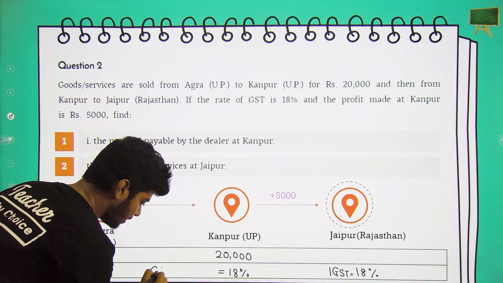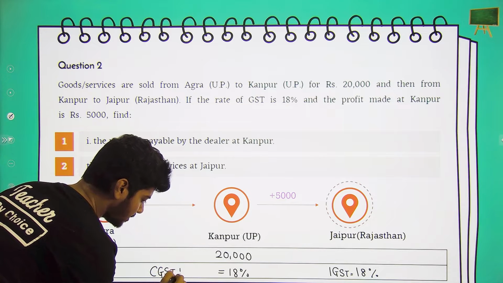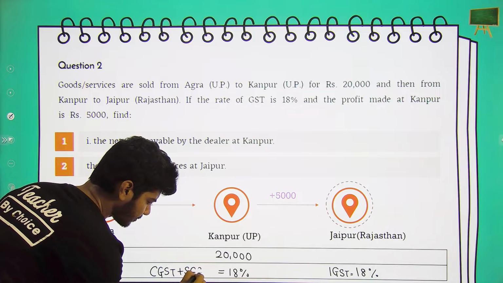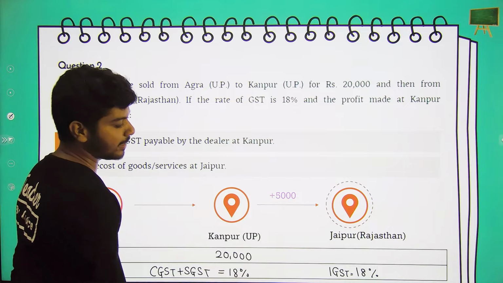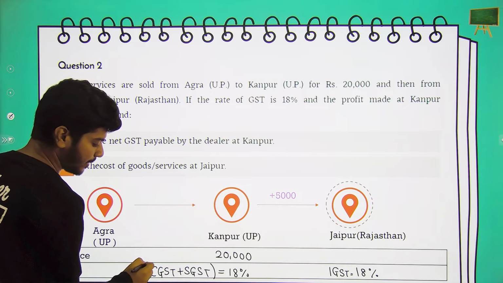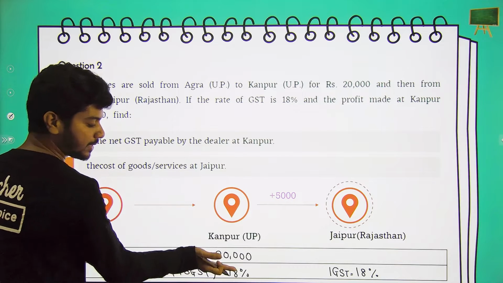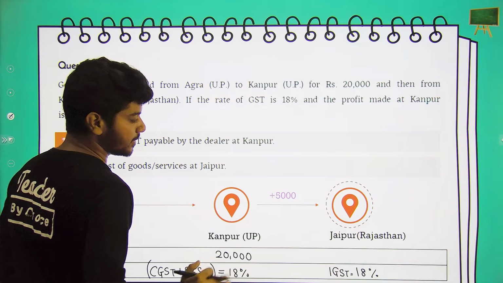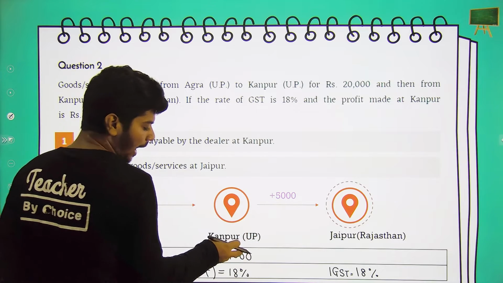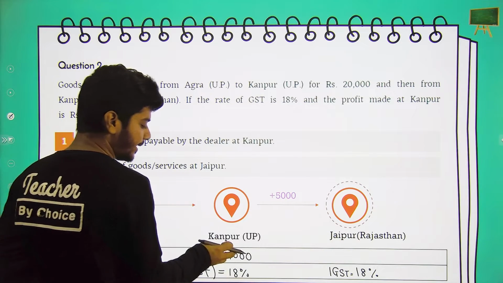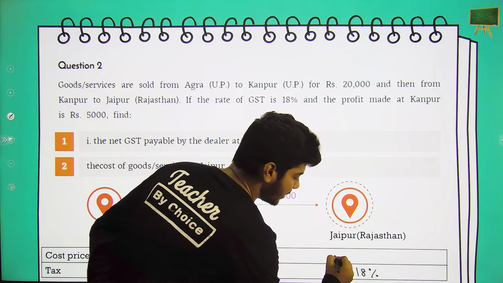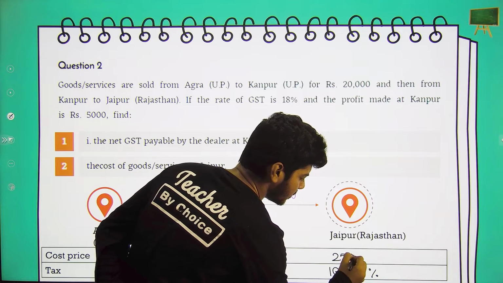So this is 18% total. That means 9% CGST and 9% SGST will be charged on 20,000 rupees. After adding the profit, 20,000 plus 5,000, we write 25,000 over here.